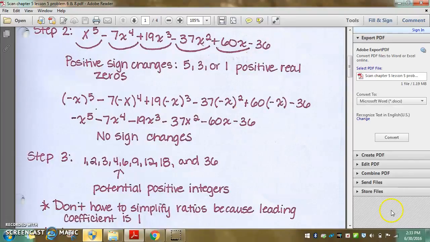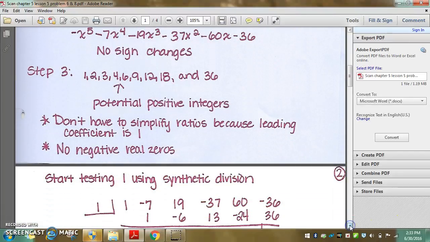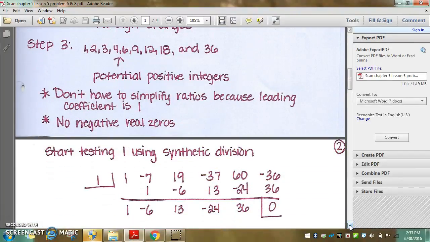Okay, so we're going to list our coefficients, and we are going to test for 1, so we're going to divide by 1. This 1 comes right down. 1 times 1 is 1. We add these, so negative 7 plus 1, negative 6. 1 times negative 6, negative 6.